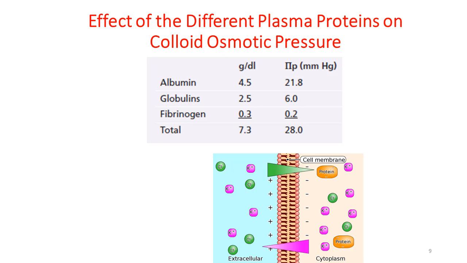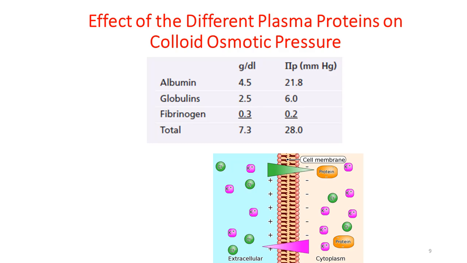And the second important protein for colloid osmotic pressure of plasma is globulins, which produce 6 millimeter of mercury pressure. Fibrinogen produces 0.2 millimeter of mercury pressure. The total summation of these three important proteins for inducing colloid osmotic pressure is 28.